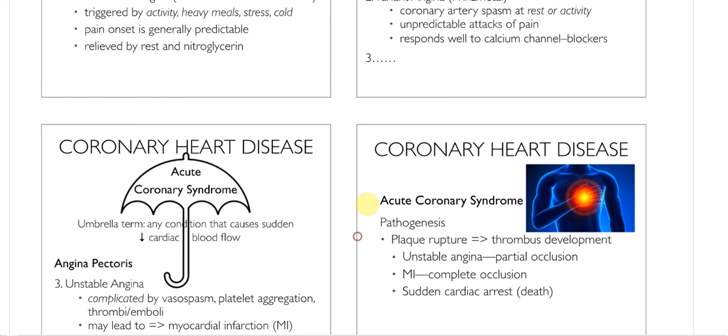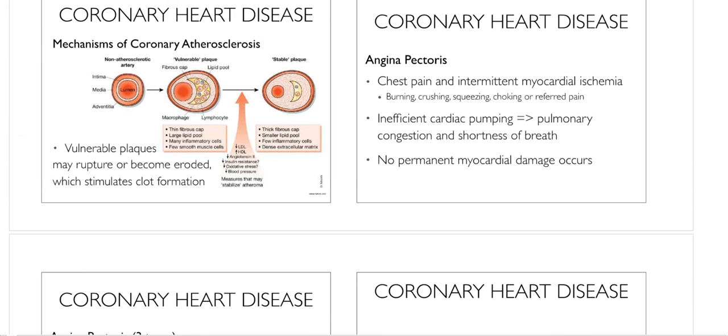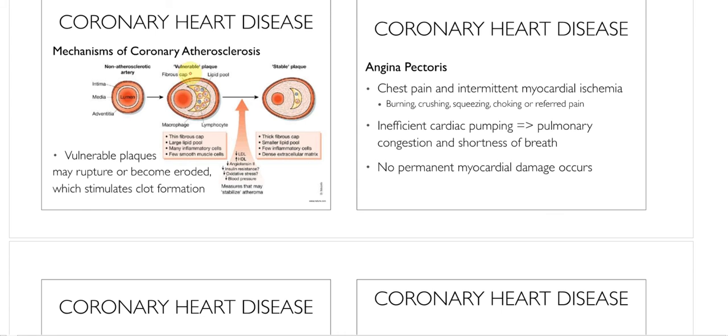Then we have unstable angina, which falls also under the acute coronary syndrome umbrella. And acute coronary syndrome is any condition that causes sudden decreases in cardiac blood flow. Unstable angina is a very serious issue, and it's caused by the vulnerable plaque.